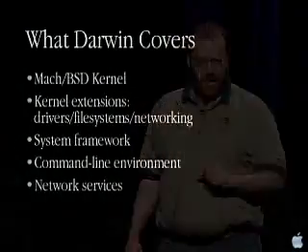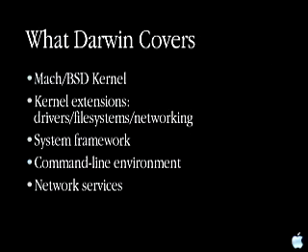One big question we get is, well, what does the Darwin documentation project cover? Darwin documentation covers what Darwin covers, and probably most people in this room are aware of what that is, but here's a quick summary. Obviously, that's the Mach BSD kernel, kernel extensions, system frameworks, command line environment, network services.